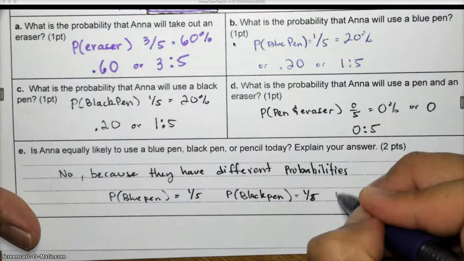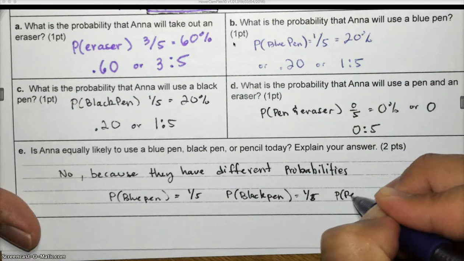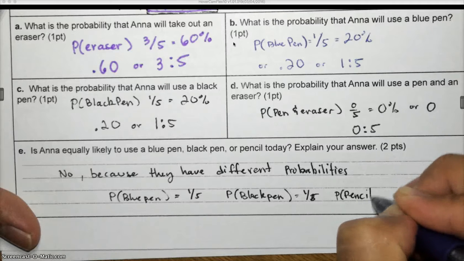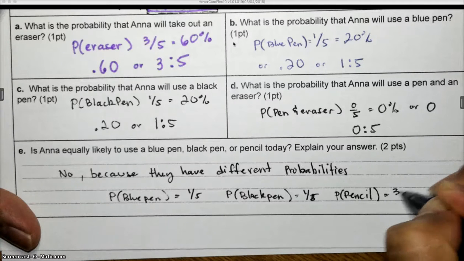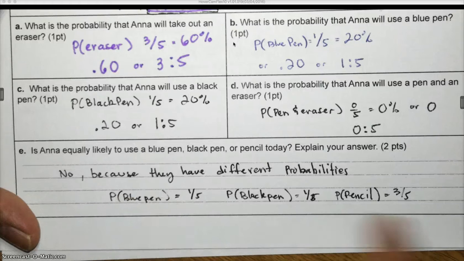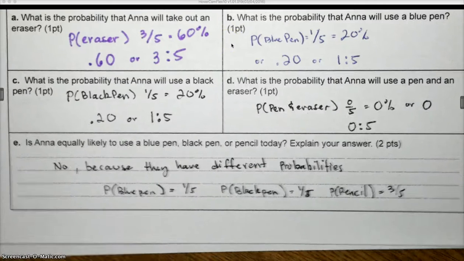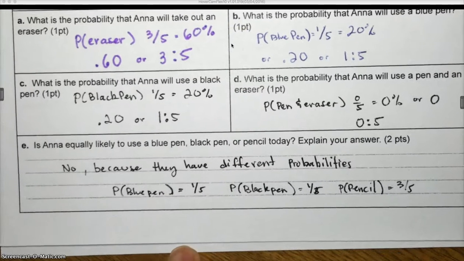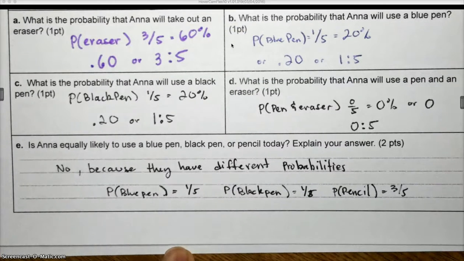But the last one, the probability of a pencil or eraser, is 3/5. So these two are equally likely to each other, but the three of them together are not equally likely to each other. Okay. All right. Pause it if necessary. Replay it, rewind it, whatever it might be.